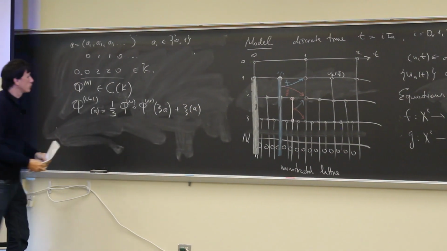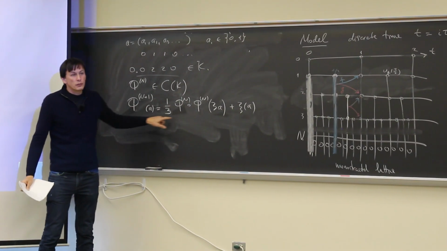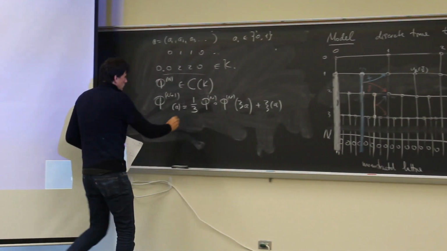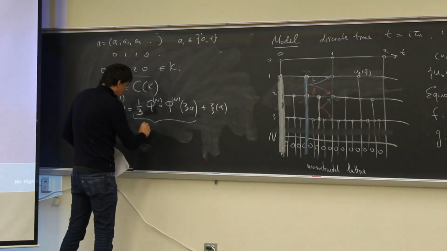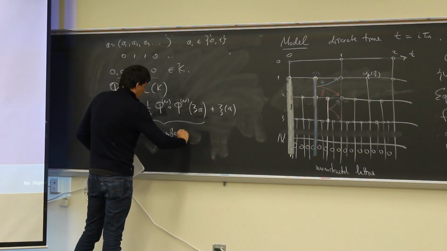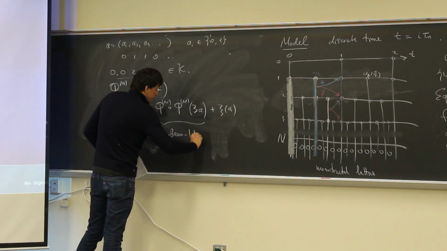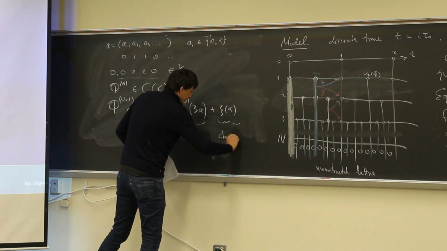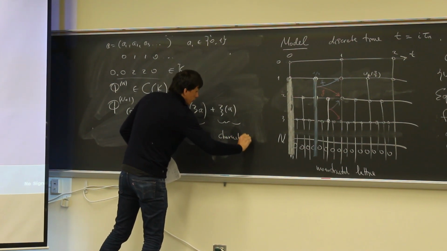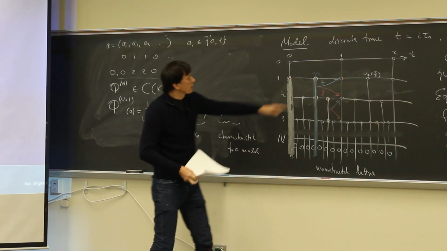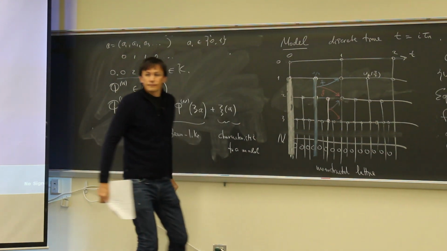So this is a relation between two sequential maps. This is Feigenbaum type, and this is characteristic of the system, characteristic to a model, because this Xi is what carries information of what F and G are.